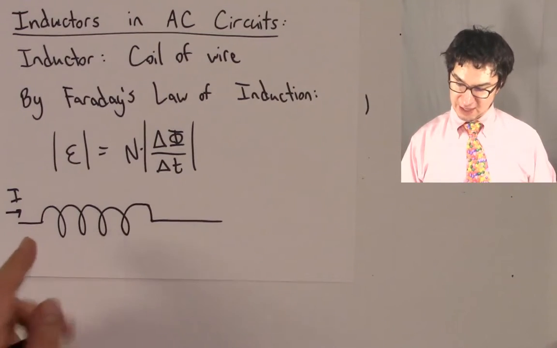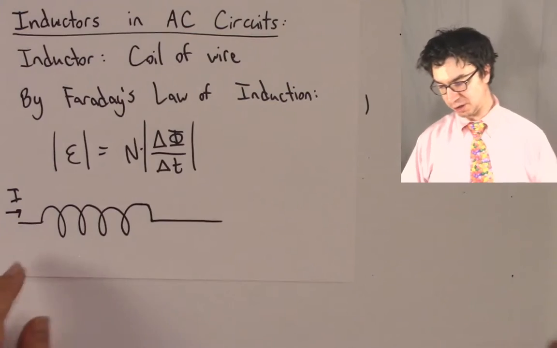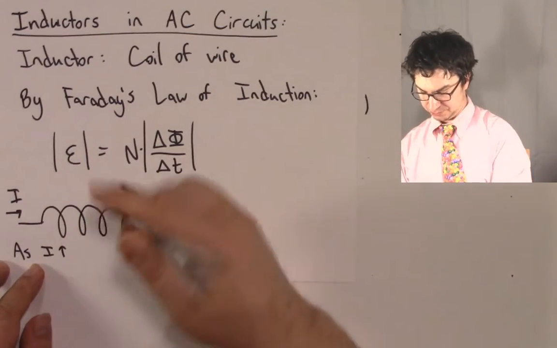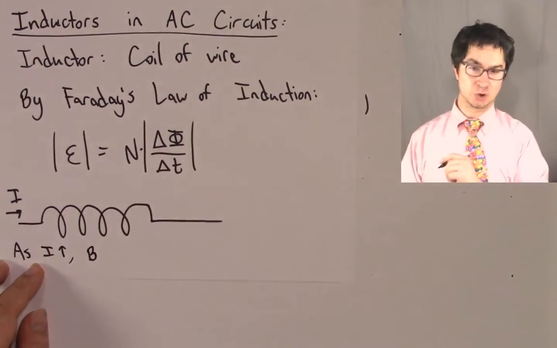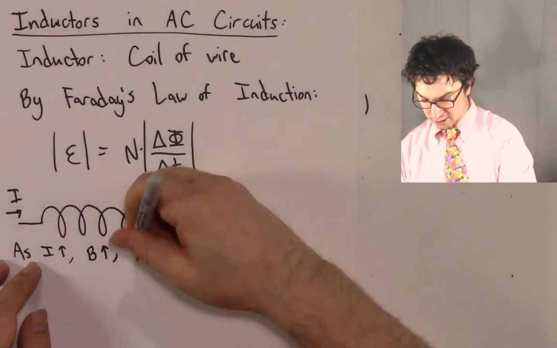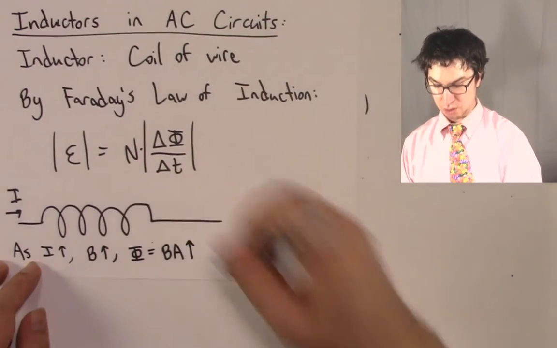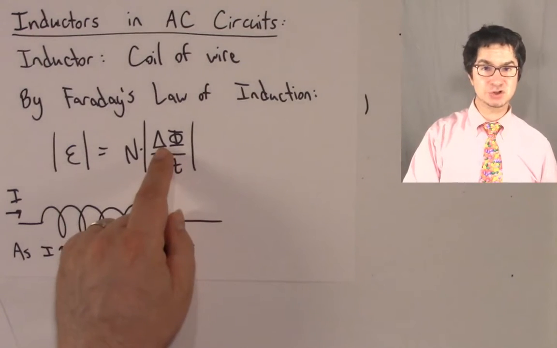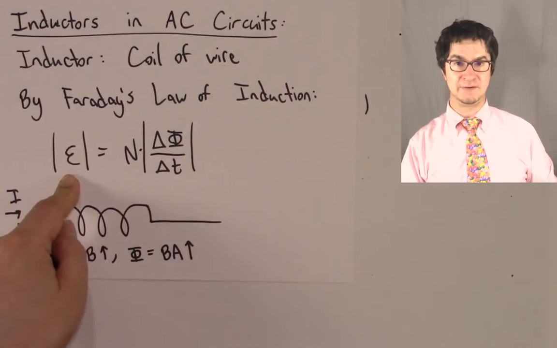because the magnetic flux through this coil is going to be changing. So as I increases, the magnetic field inside the coil is going to be increasing as well. And if the magnetic field increases, the magnetic flux, which is equal to BA, is also going to be increasing. And anytime you have a changing flux, you have a new EMF being generated.